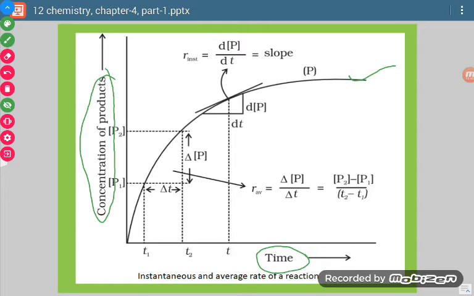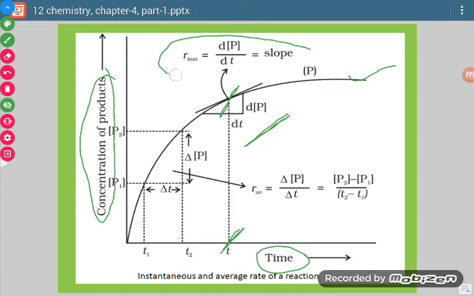Here also we can check how to calculate the instantaneous rate and average rate. Now this is the time t, and I have drawn a tangent at this particular point. Whatever is the slope, that is y by x, so the value is dP by dt.